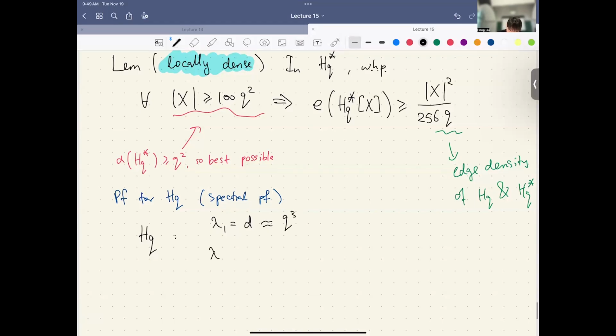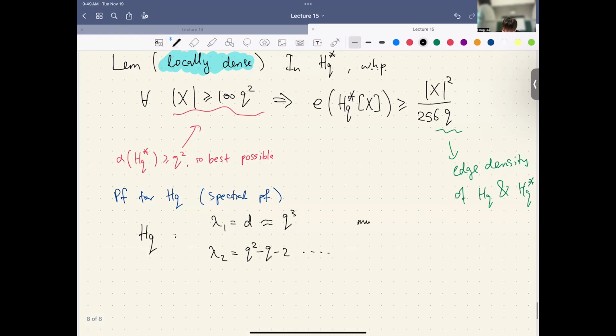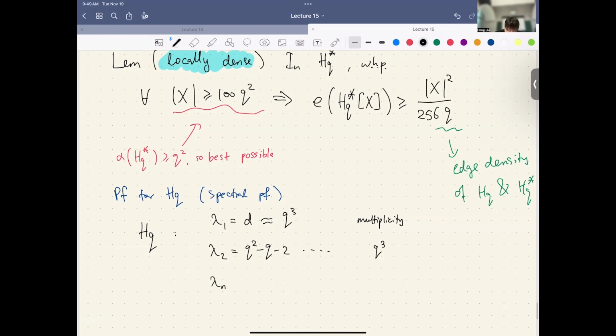And it's known that the second eigenvalue equals Q squared minus Q minus 2, where the multiplicity is roughly Q cubed. And the last eigenvalue is minus Q plus 1 with multiplicity roughly Q to the 4.